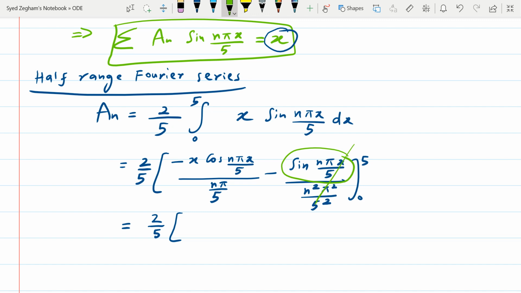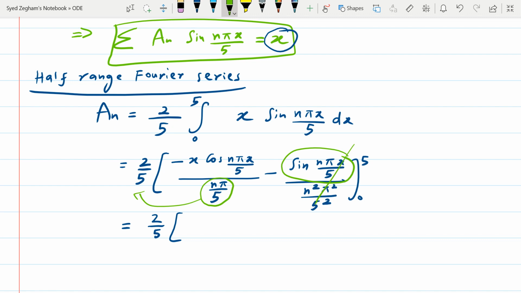So we can cancel it directly. And this term is a constant, so you can shift it outside the bracket, right? If you want to keep it inside, keep it as it is, no problem.